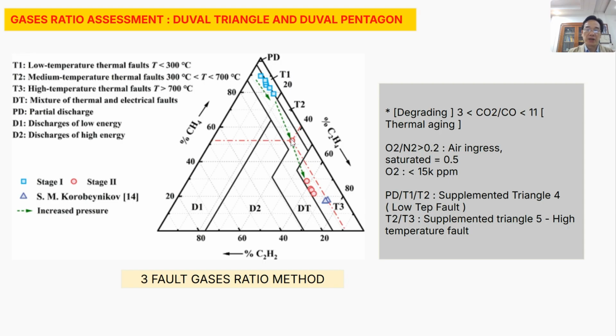Then if the point we have here falls into any specific zone, we can have, here on the left side, the root cause of the problem: T1 to T3 for thermal faults. Then we have partial discharge, PD, then discharge of low and high energy.